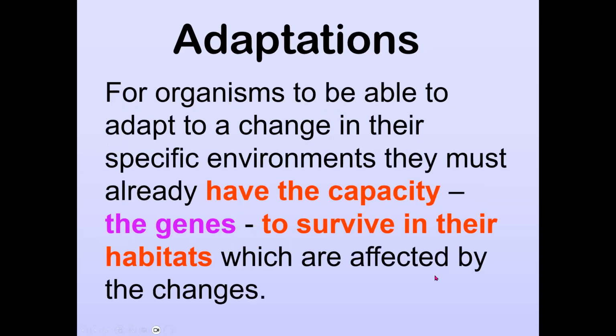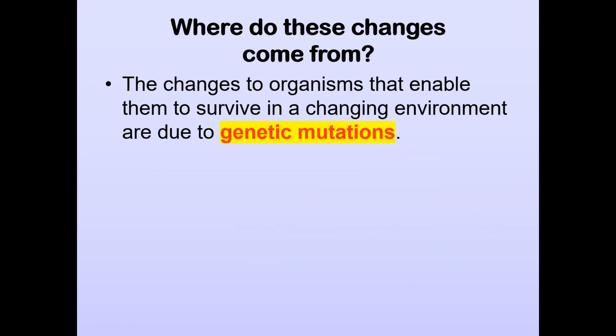To be able to do that, they have to have already built into their genes the capacity to survive in these habitats. If they don't, they're dead. It's very straightforward. So where do these changes come from?